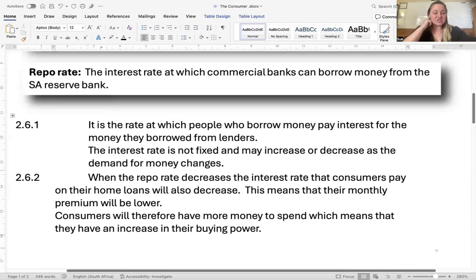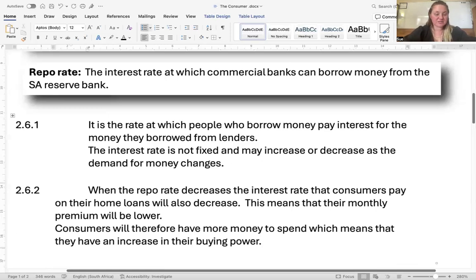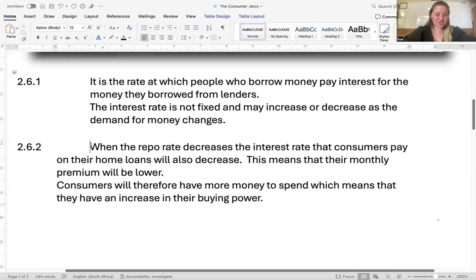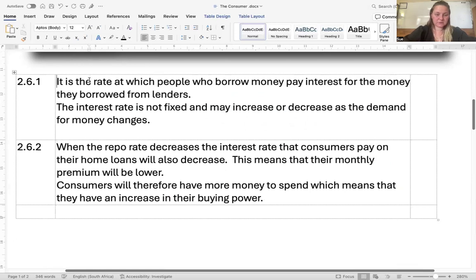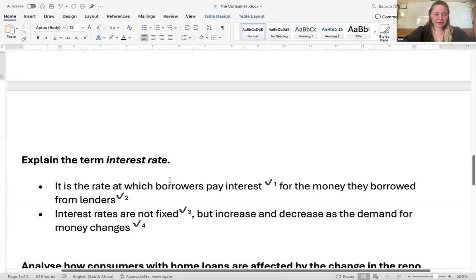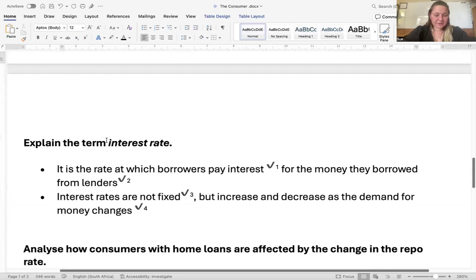And I want us to just look at the actual marking guidelines to see where we would have received our marks for these questions. Let's just see what's going on here. There we go. All right. So let's look at the marking guidelines. Marking guideline says the following. The term interest rate, it is the rate at which borrowers pay interest for the money that they borrowed from lenders.